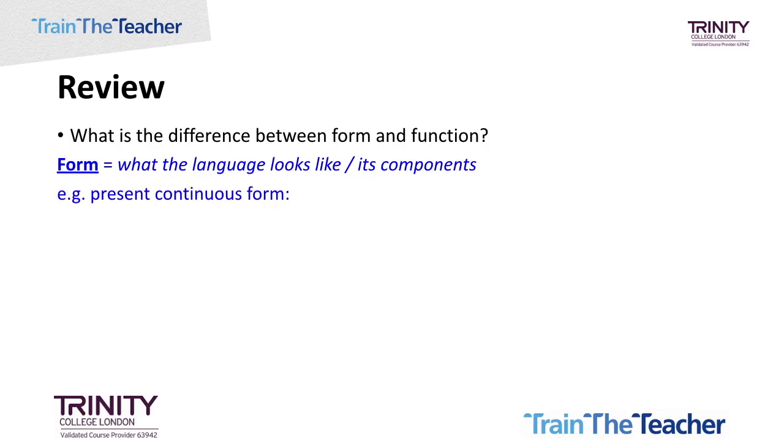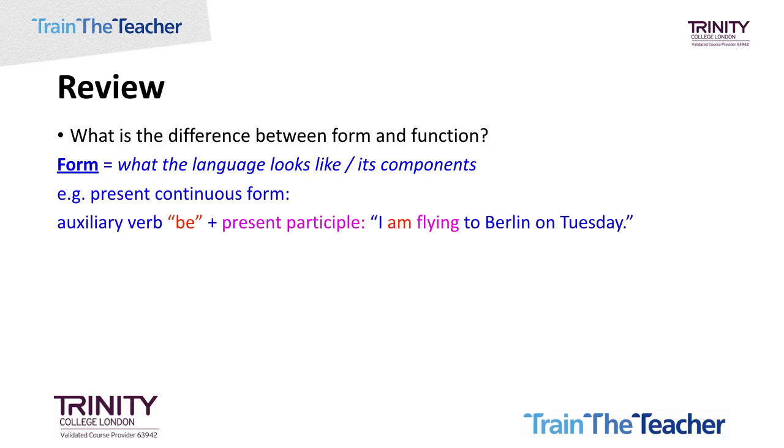If we're teaching the present continuous form, for example, we form it by using the auxiliary verb be in the present simple tense, which we need to conjugate according to the subject. So, I am, he or she is, you, we, they are, plus the present participle, which is usually the verb plus ing. For example, I am flying to Berlin on Tuesday.